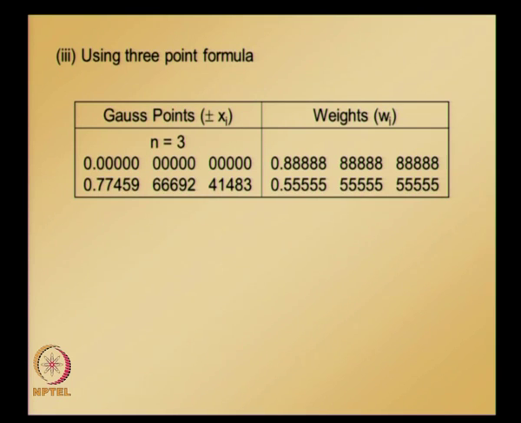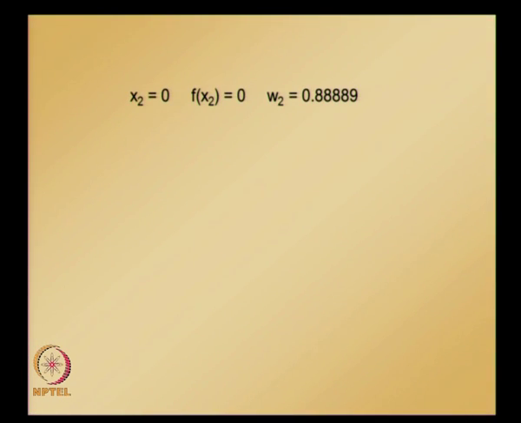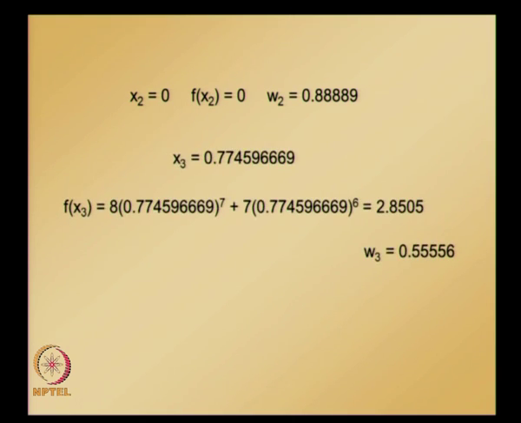So, we need to evaluate the function at 3 points, minus 0.77459, 0, 0.77459 and multiply with corresponding weights: the integrand value at the first integration point and corresponding weight, the integrand value at the second integration point and corresponding weight, and the integrand value at the third integration point and the corresponding weight.